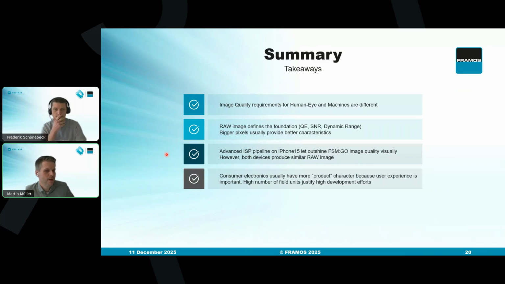However, when considering the raw image, it has a very similar image, meaning that this is because of the enhancements and algorithms the iPhone is applying in the background. And this is because consumer electronics usually have more room for high development costs because of the high number of units and also the user expectation. It needs to be a nice product and have a nice look and feel.